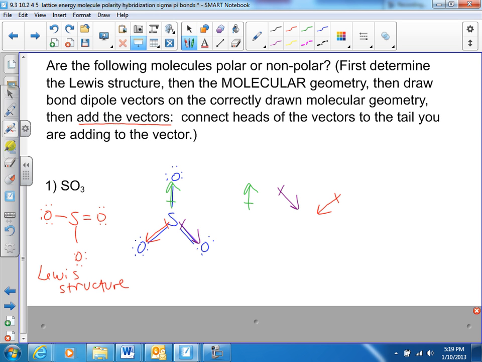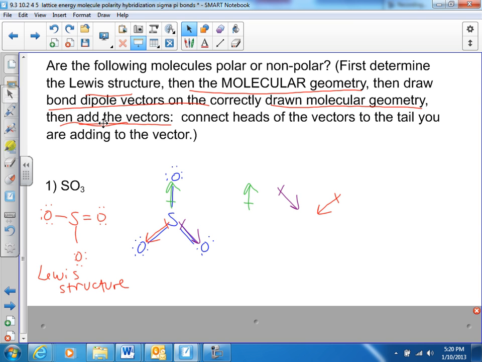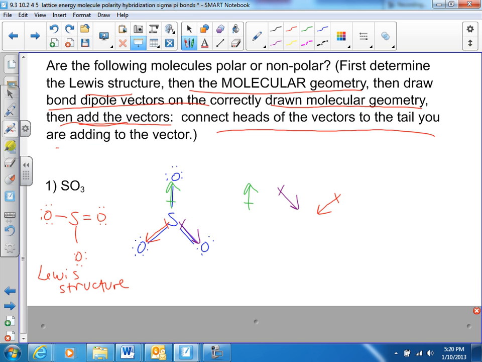We've already done the Lewis structure. We got the molecular geometry. We drew the bond dipole vectors on the correctly drawn molecular geometry. Now we're going to add the vectors. Adding the vectors, you connect heads of the vectors to the tail that you're going to add to the vector that you started with. So here we go. I'm going to start with green.